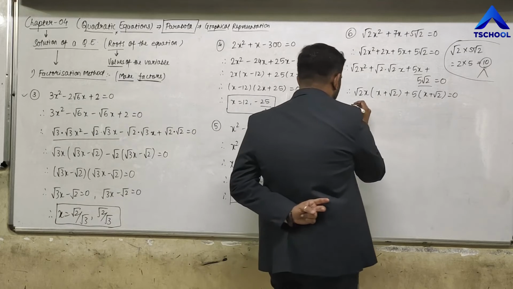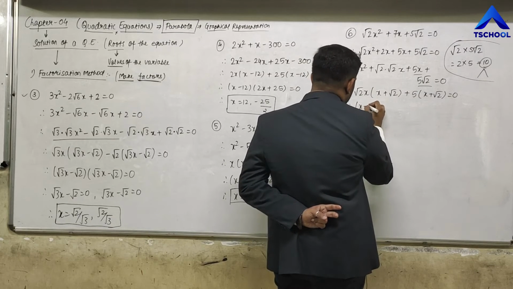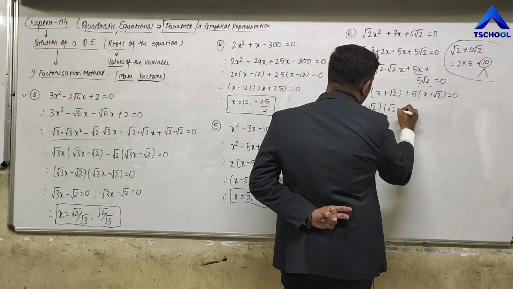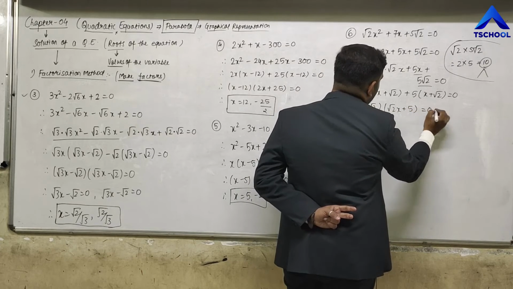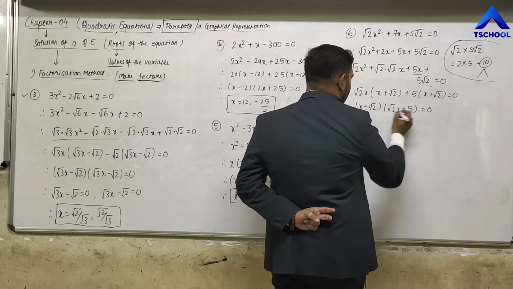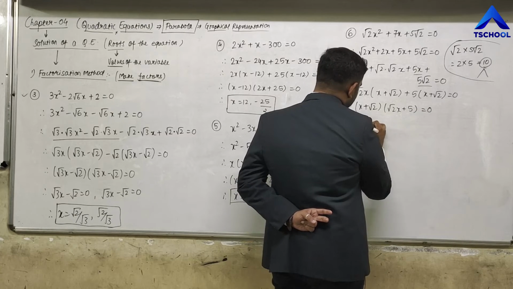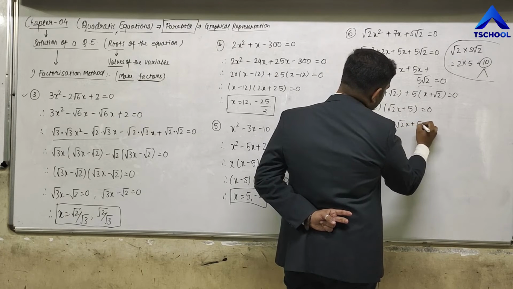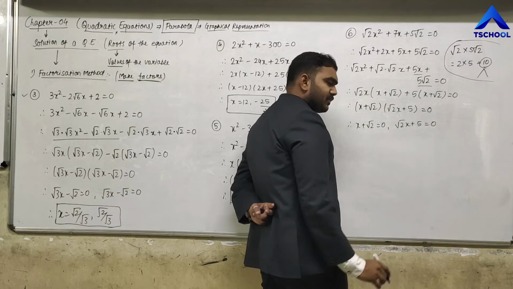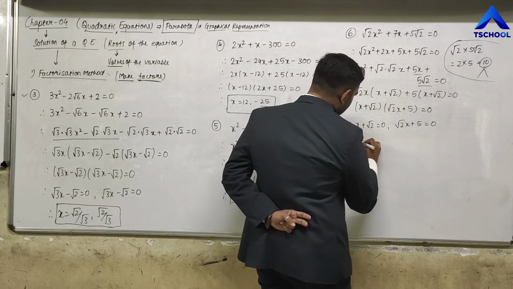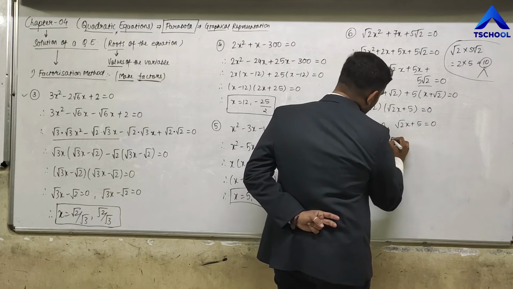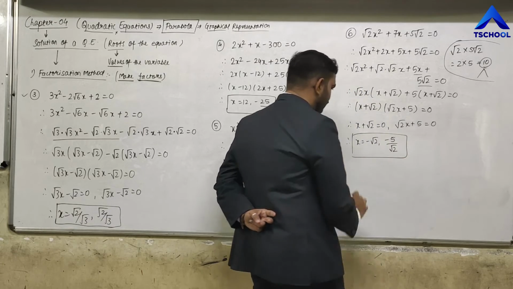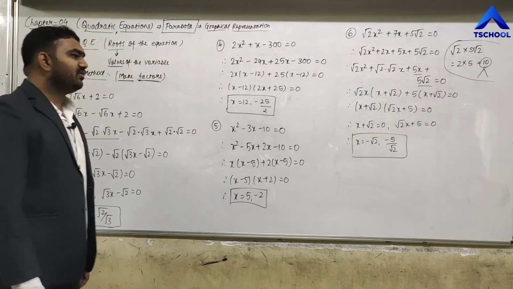Therefore the common factor x plus root 2 into root 2x plus 5 is equal to 0. Therefore you can say that x plus root 2 equal to 0 or root 2x plus 5 equal to 0, and therefore x equals minus root 2 or minus 5 by root 2, right? So this is how you can solve.